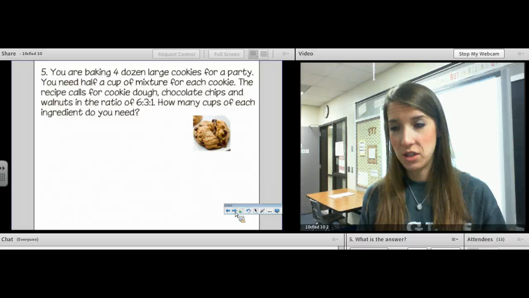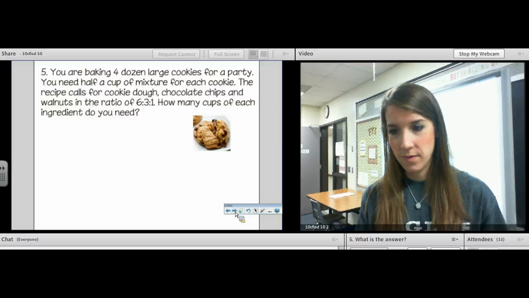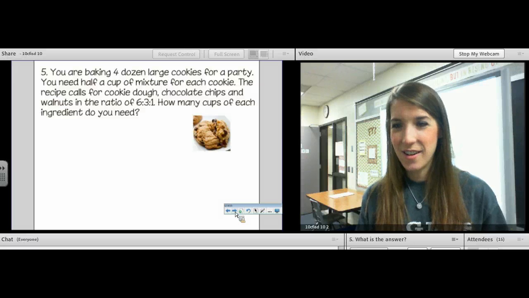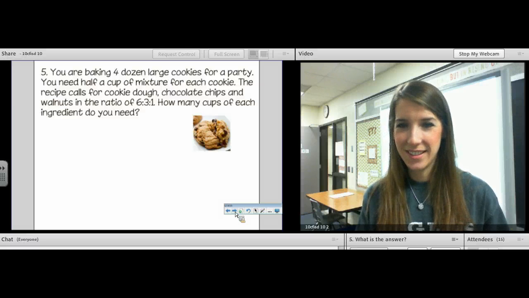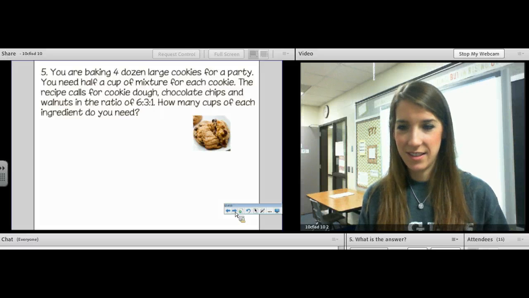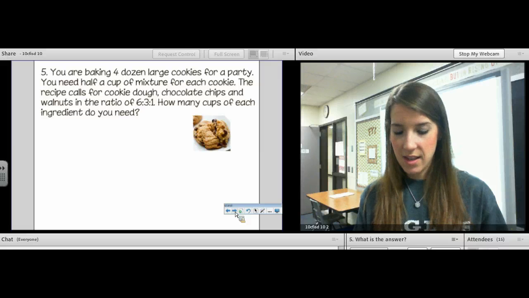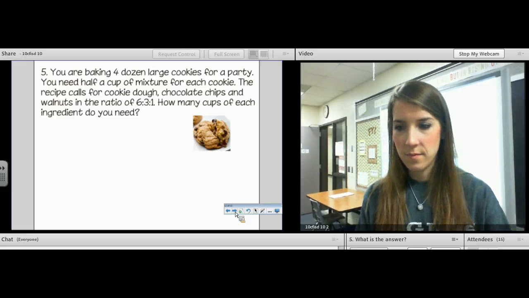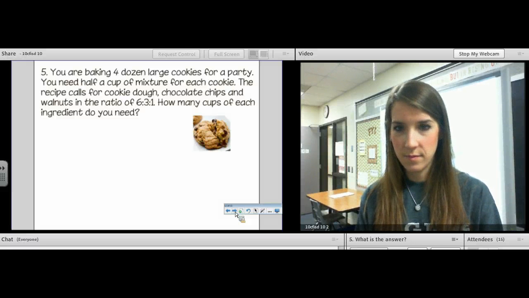Too big, Minjung, too big. Could you imagine 240 cups of walnuts? Or of cookie dough? No, too big. Still too big, Helaman. That's going to make more cookies than you want. George, first one. Good job.